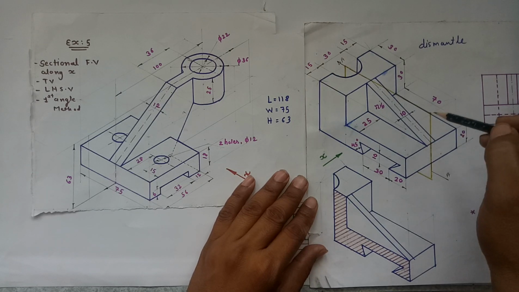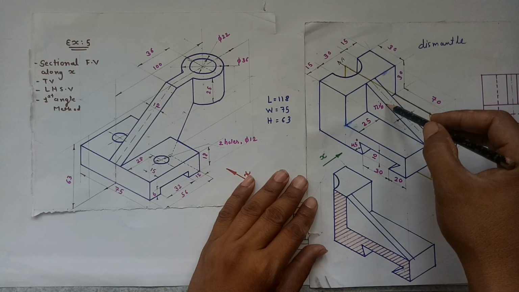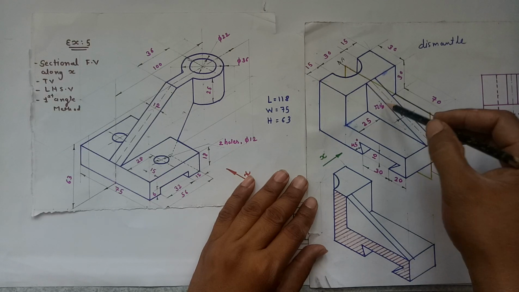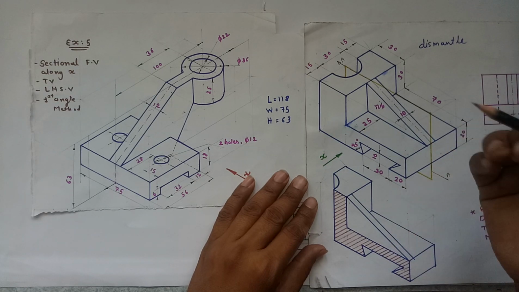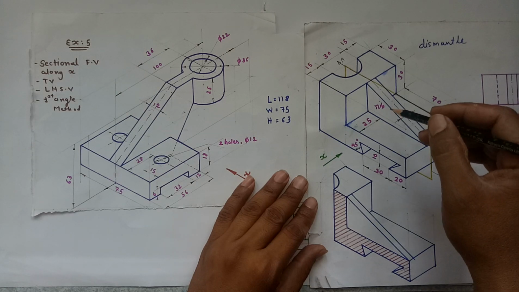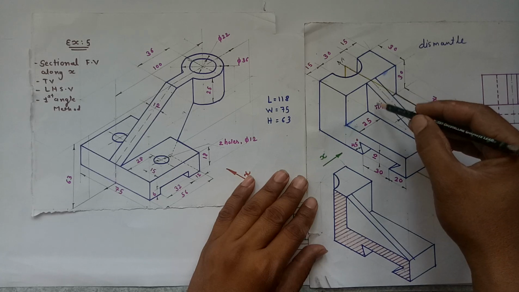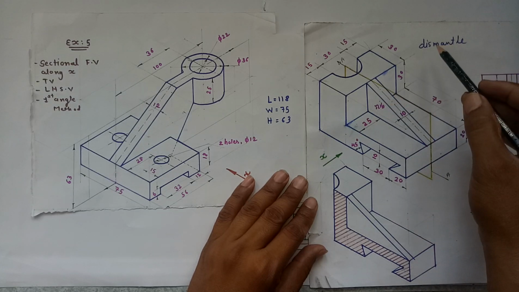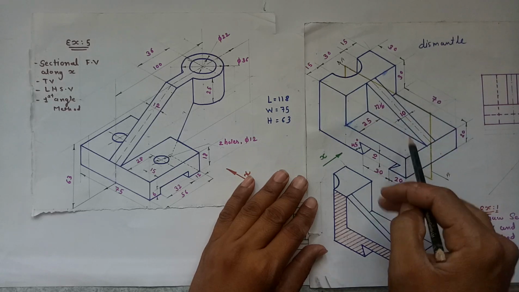So first of all, what is a rib? A rib is a part of the object which is used to increase the strength of the object. Ribs are connected to the object by the welding process. And if we remove the rib part of the object, it doesn't dismantle the parts of the object.